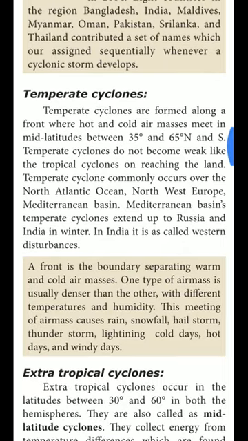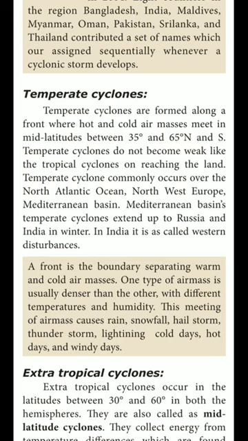A front is the boundary separating warm and cold air masses. One type of air mass is usually denser than the other, with a different temperature and humidity. This meeting of air masses causes rain. So when the cold air and the hot air meet, what will it cause? Rain, snowfall, hailstorm, thunderstorm, lightning, cold days, hot days and windy days.